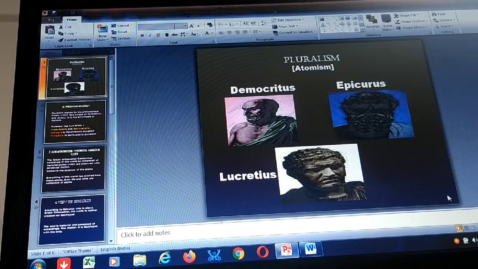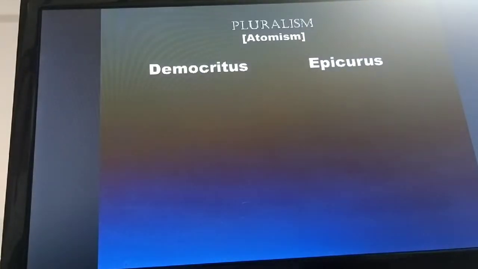Let us see the summary of pluralism, what we discussed in the class today. Now you will find here three philosophers: Democritus, Epicurus and Lucretius. Let me show the pictures of the three philosophers before I give you the summary of today's class.